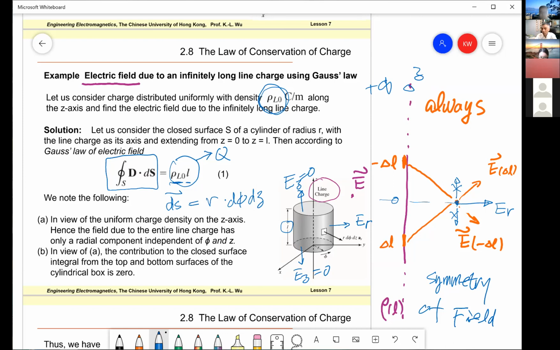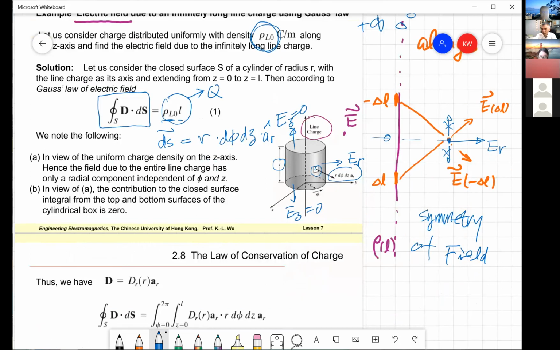The direction of this ds is in the r direction. This is ds.